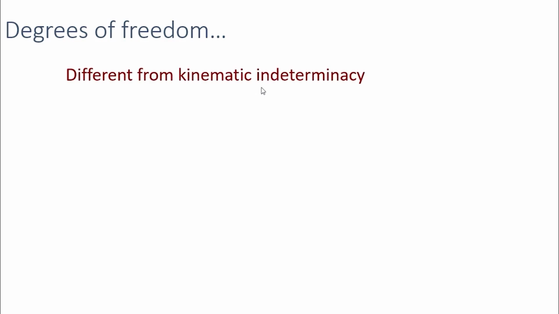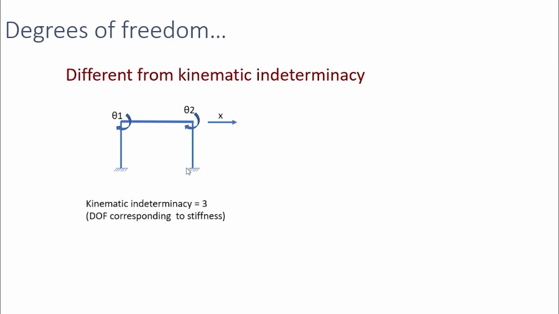The name degrees of freedom should not be confused with kinematic indeterminacy. In static analysis, you would have analyzed these types of frames. So you know that we have two joint rotations, theta 1 and theta 2, and one translation. We also refer to these rotations and translation as degrees of freedom.